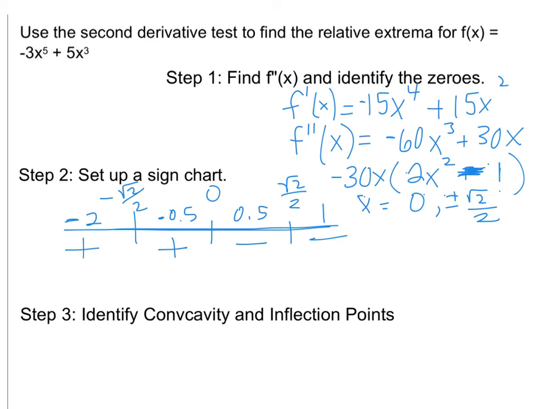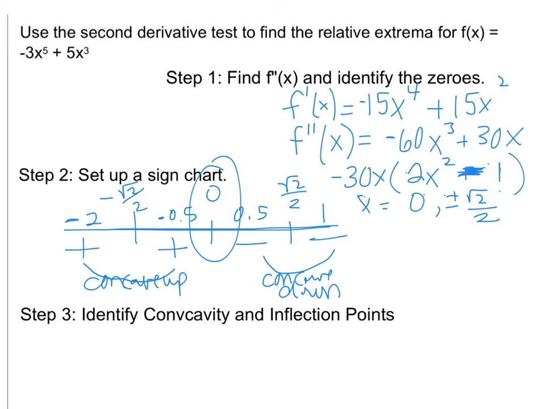Okay, so here what we have on the second derivative is that we have concave up here, and we have concave down here. And because it's changing, that's an inflection point. Okay, so that's what we're doing here with the concavity.